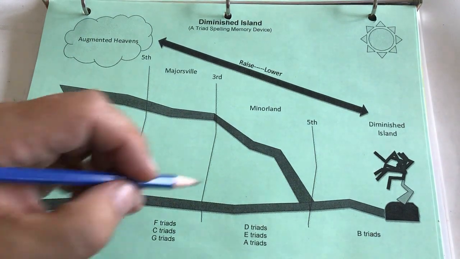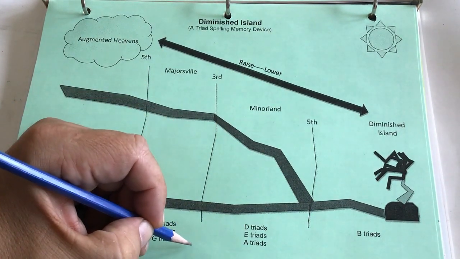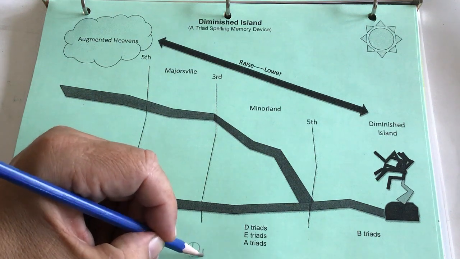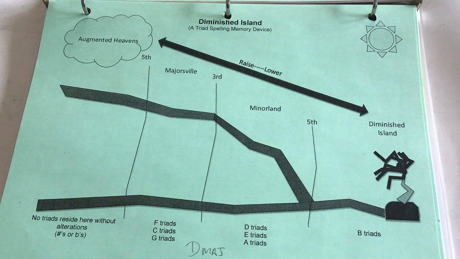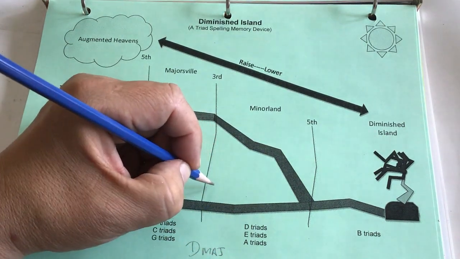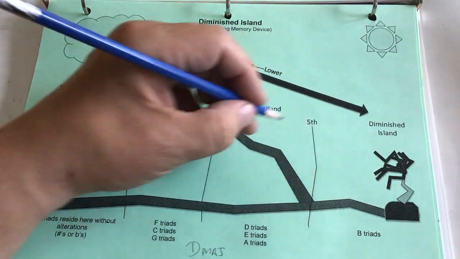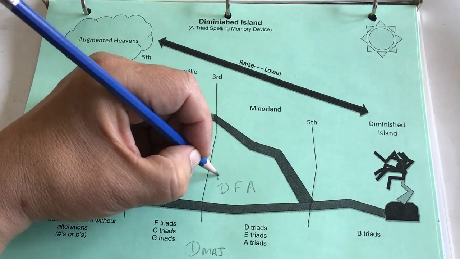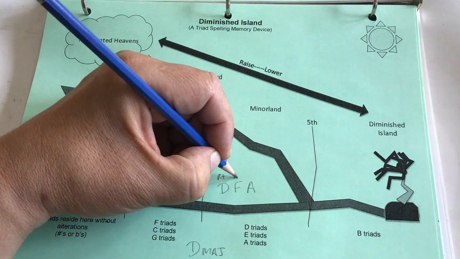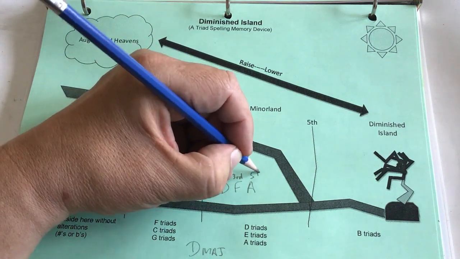Let's say I was asked for a D major triad. The first thing I'd do is I'd say, well, D chords live here in Minorland, and that's D, F, and A. D is the root, F is the third, A is the fifth.